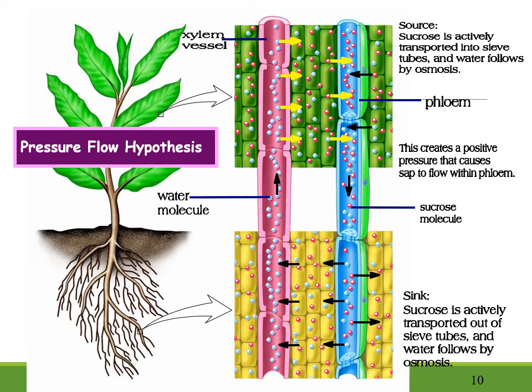The pressure flow hypothesis is used to explain the movement of the products of photosynthesis through the phloem sieve tube. The sieve tubes in the leaf are a source region in the pressure flow, while the root cells are a sink region.